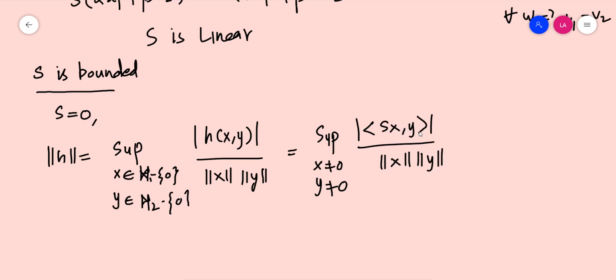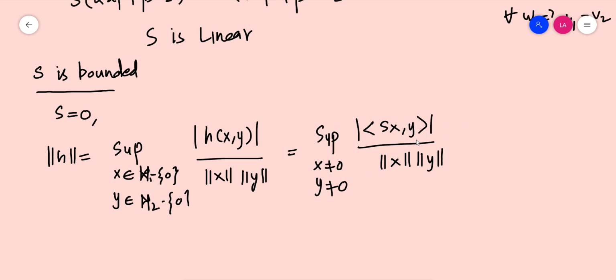Now this is true for every y. So in particular, we choose y equal to Sx. This is the supremum over all values of y. Now if we take the particular value y equal to Sx, the value of this should be less than that quantity, because here we are taking the supremum over all x and all y.